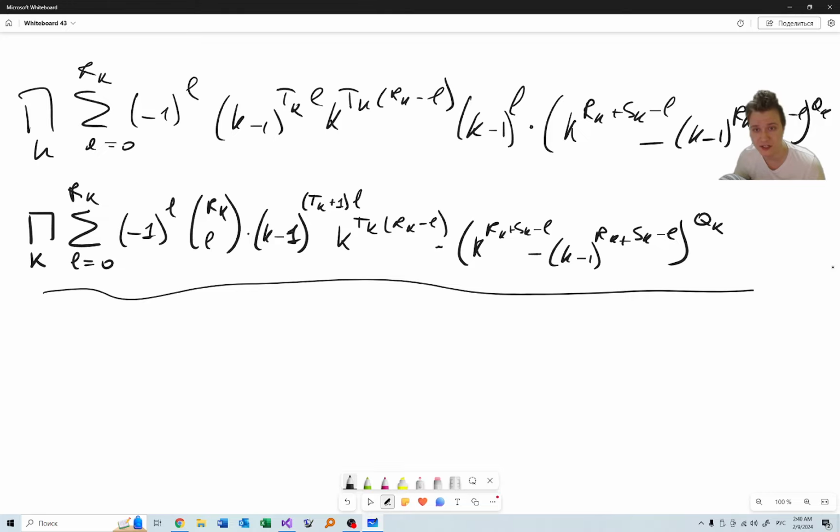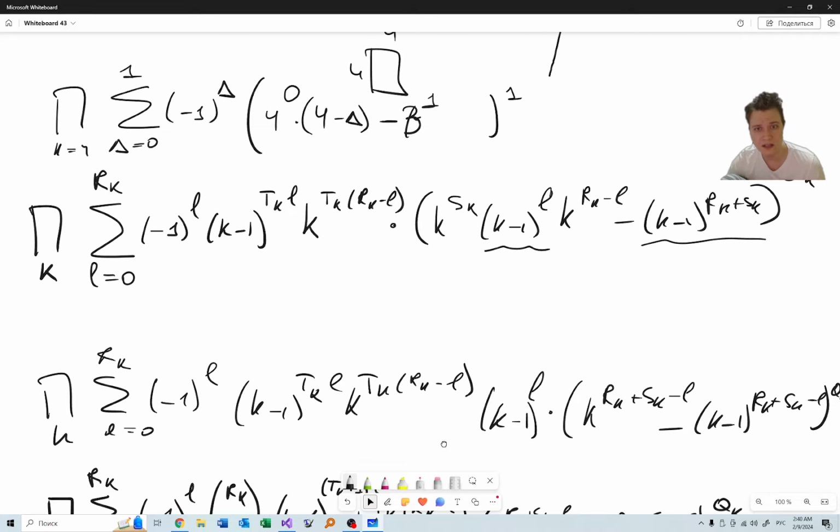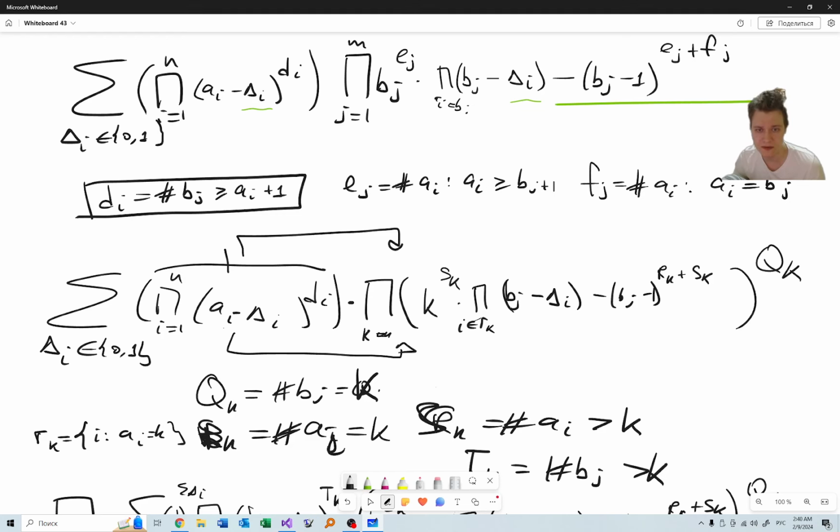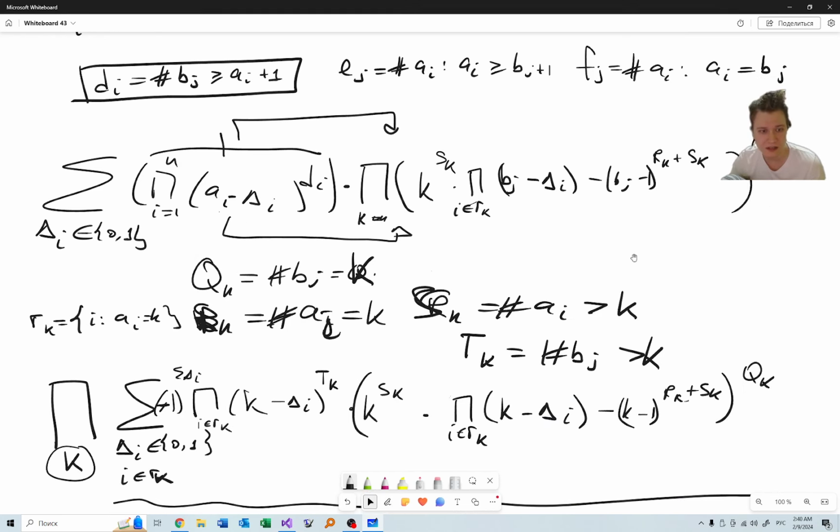Simply do it in linear time. Are there reasons for me not to do that? I think no. I need the sum till Rk, and Rk is not something especially big, because Rk is the number of Aj's equal to k.